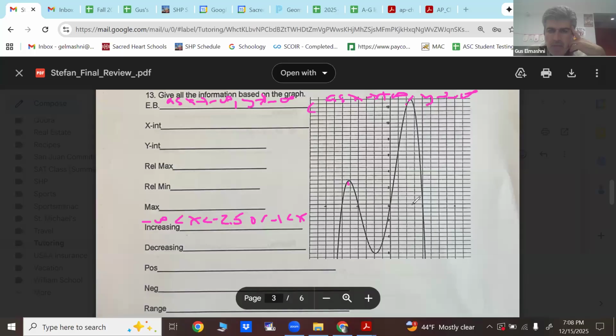So that's probably 1.25. And then decreasing in the other directions. Positive is when you're above the x-axis. So we're above from like negative 3 to negative 2, and from 0 to 2.